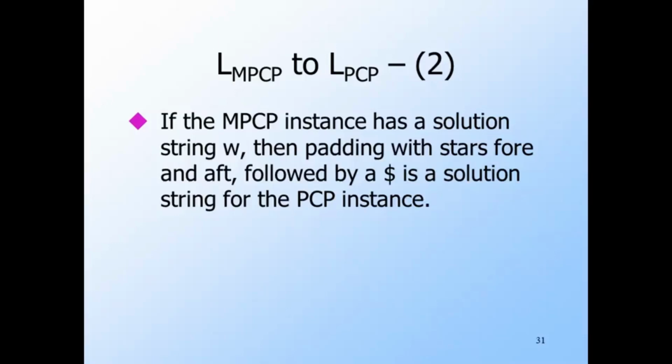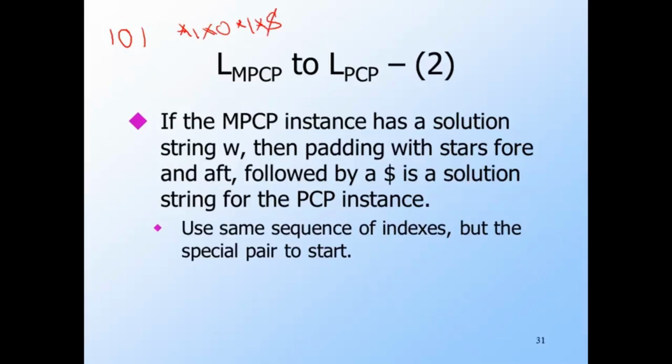In this case, the solution string will be W padded with stars before each symbol of W and also at the end followed by the $ sign. For example, if W is 101, then the PCP instance's solution is star 1 star 0 star 1 star $ sign.